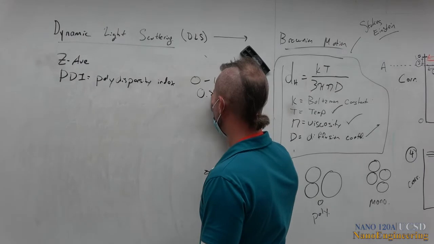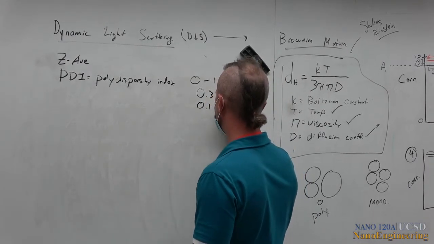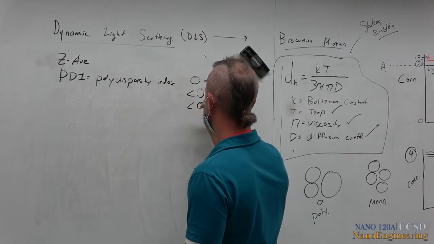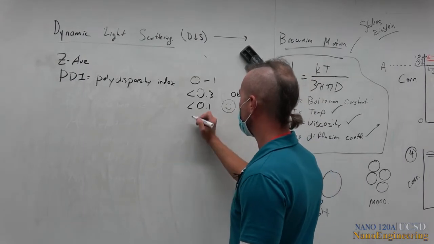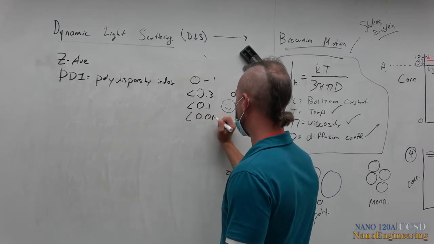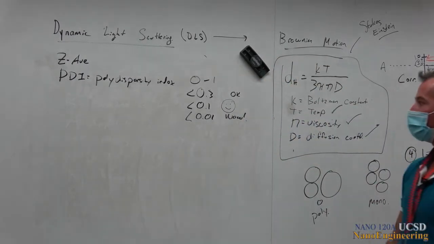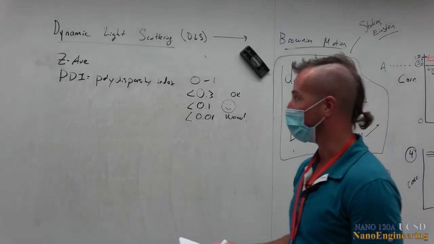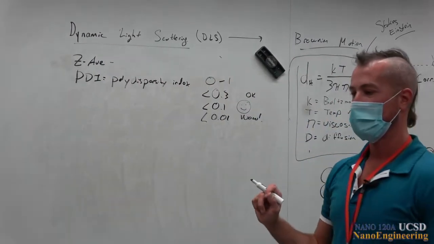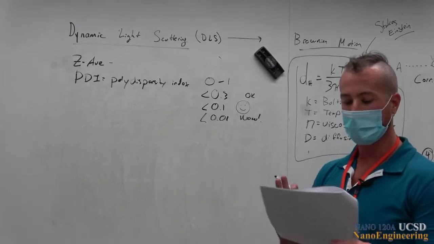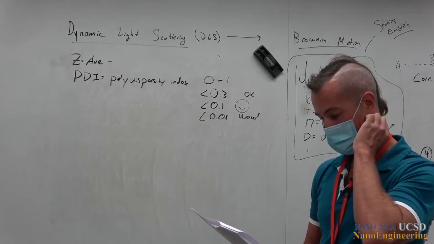Generally, if it's less than 0.03, that's okay. If it's less than 0.01, that's pretty happy. Less than 0.01 is wow, right? So this is kind of the range of numbers you're going to get. And then the Z average is basically the mean particle size based on scattering. Okay?